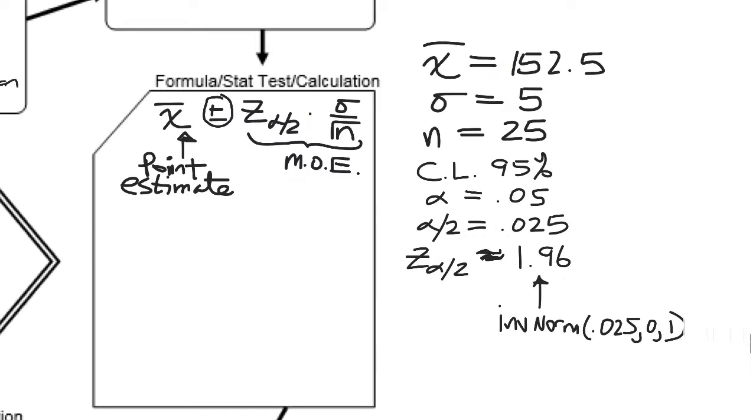So 152.5 plus or minus 1.96 approximately times the sigma over the square root of n. It's astonishing how that worked out. So it amounts to 152.5 plus or minus 1.96.